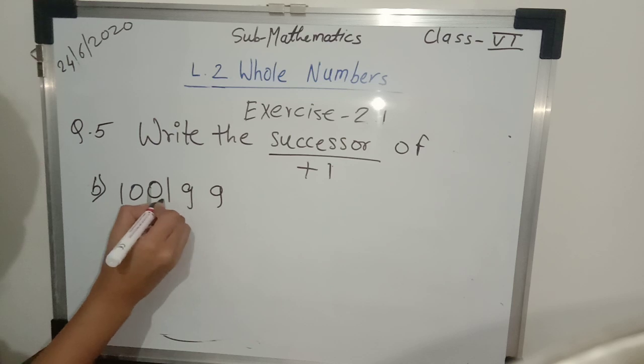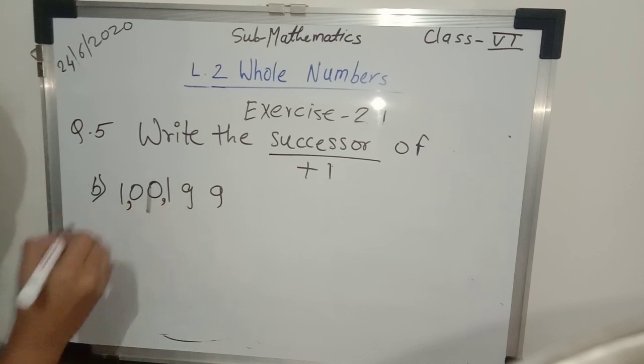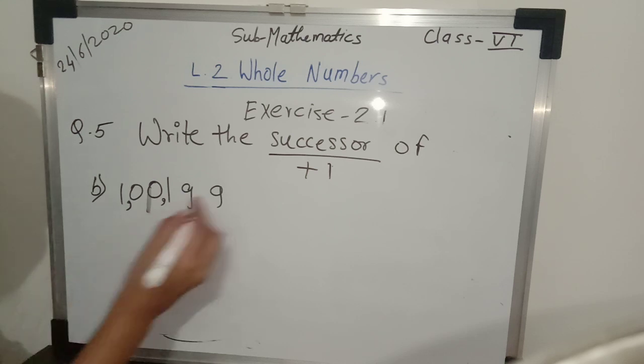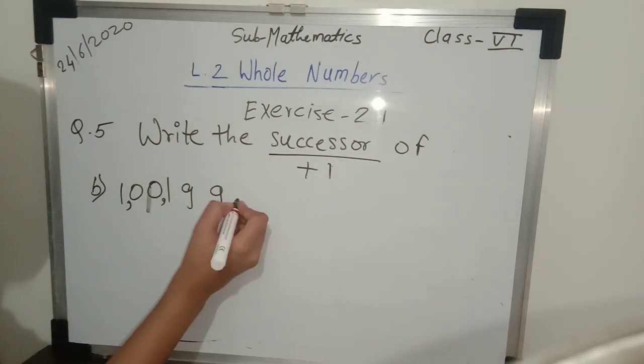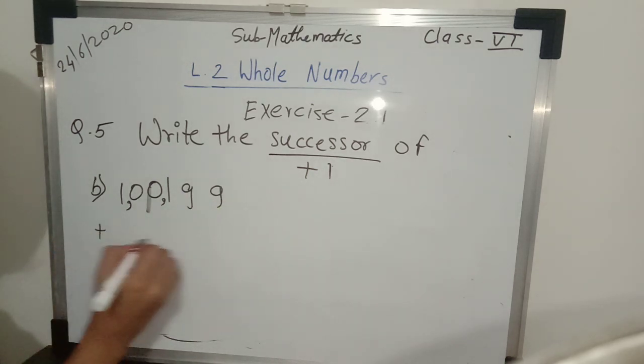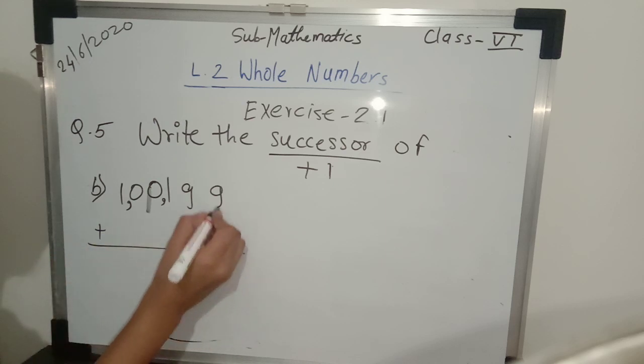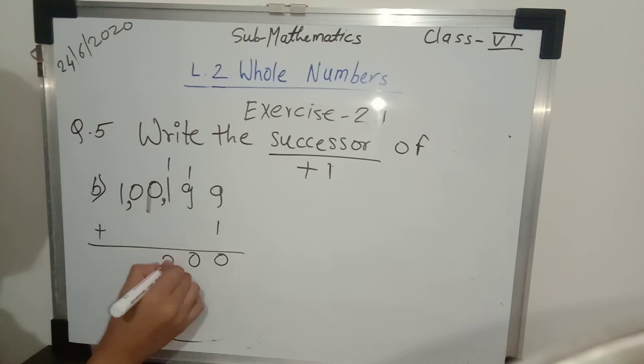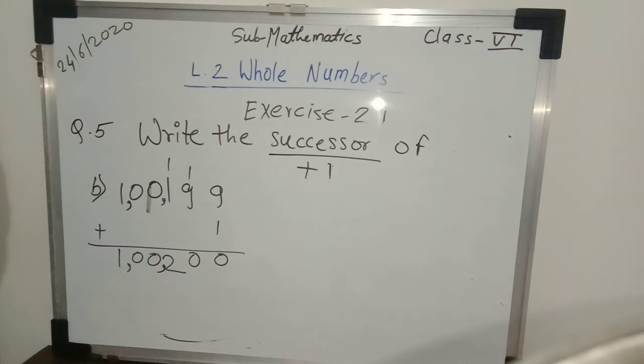So the next example B is, again you have to put the comma here. So here the number is 1,199 and we have to find out the successor of this number. Again add 1 in it. 9 plus 1, 10, 1, 10, 1, 2, 0, 0 and 1. So the answer is 1,200,000.